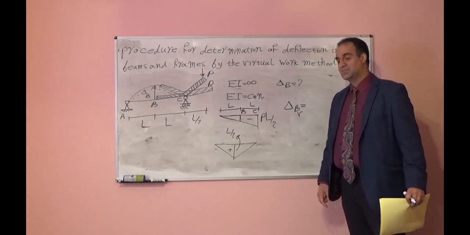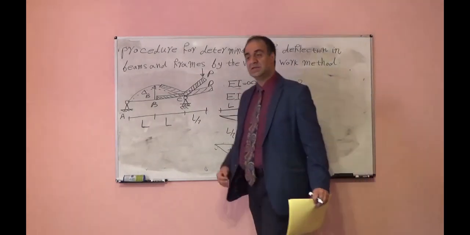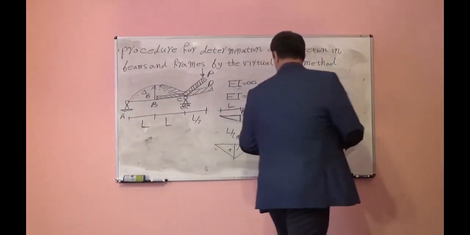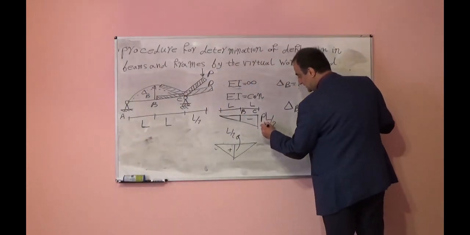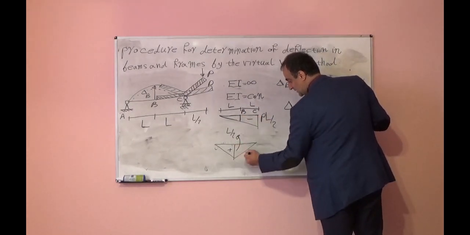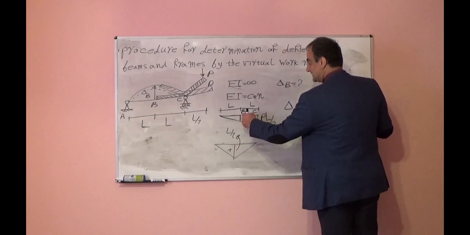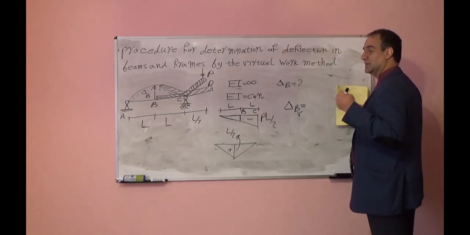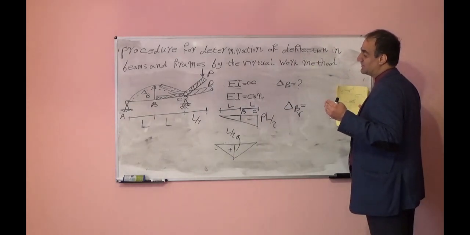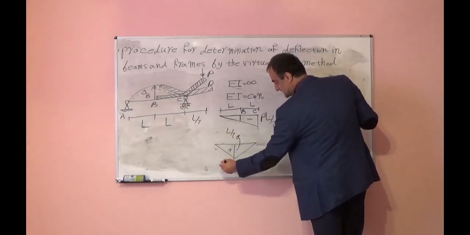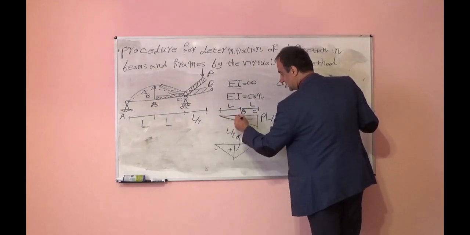Because for the BC part EI goes to infinity, that term will be equal to 0. So we don't even need this part, because this trapezoid we would multiply to this triangle, and this BC part is rigid, meaning EI is equal to infinity, and we don't have deformation for that. So it is very simple. We will multiply only this triangle to this triangle.